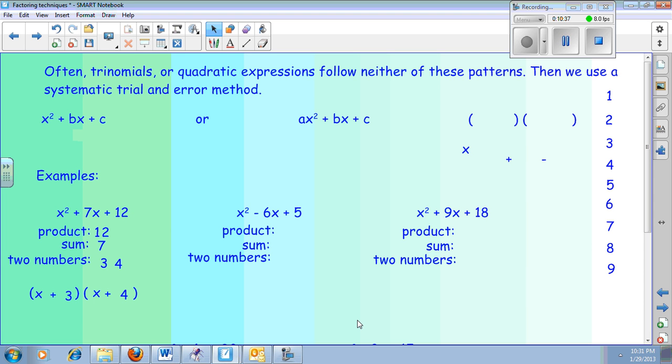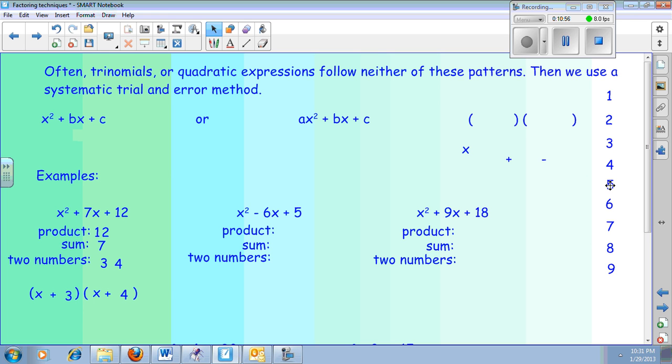And again, if you're ever unsure, FOIL it back out and see if you get your original expression. This is especially good in the next portion of the lesson. Looking at example 2, we have x squared minus 6x plus 5.